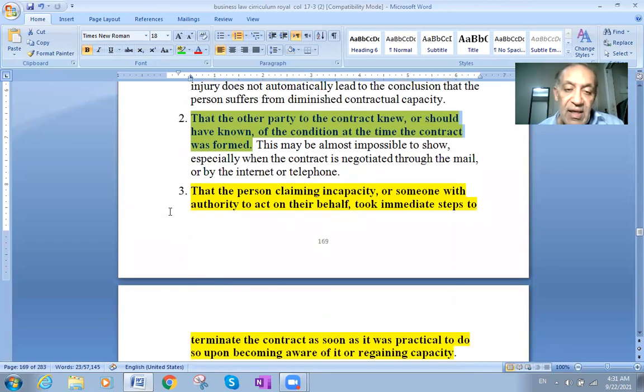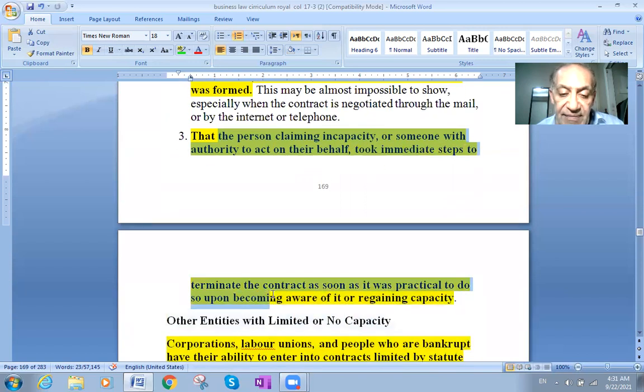Third, that the person claiming incapacity, or someone with authority to act on their behalf, took immediate steps to terminate the contract as soon as it was practical to do so upon becoming aware of it or regaining capacity.